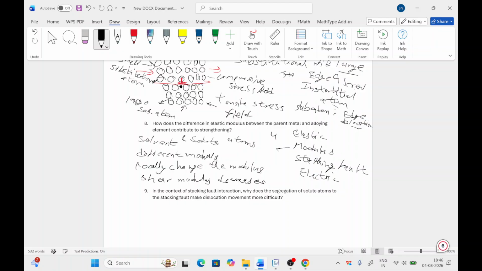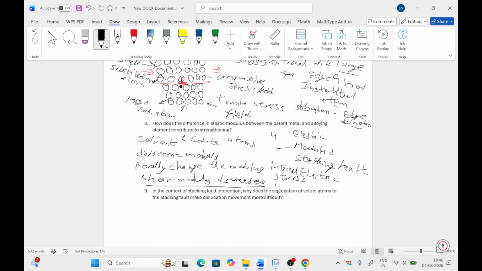So this decrease in shear modulus creates some stress field, or internal stresses are generated, and that internal stress field interacts with the dislocation and impedes their motion.